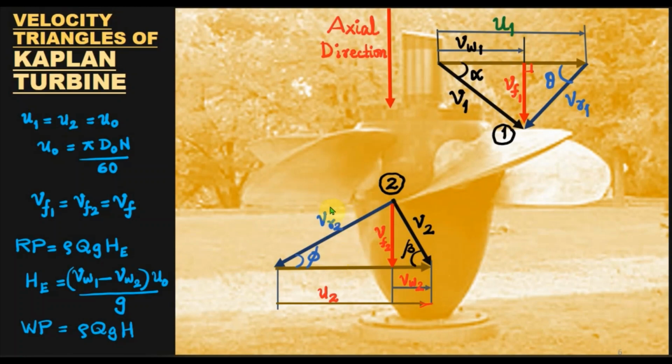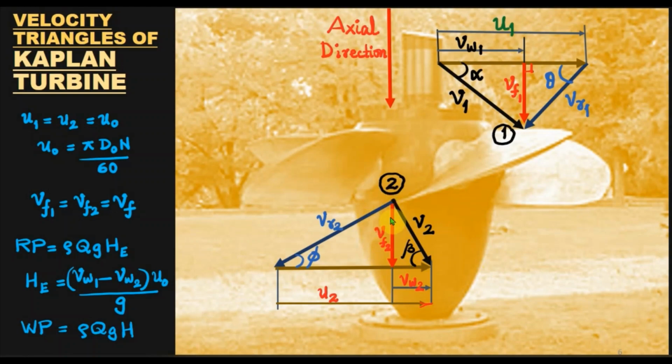The inclination of VR2 with U2 is angle phi, the vane angle or blade angle at outlet. And the inclination of V2 with U2 is beta, the guide vane angle or guide blade angle at outlet. Now we consider two components of V2, one perpendicular to U2 and one along U2. The component perpendicular to U2 is in the axial direction in this case, that is VF2.